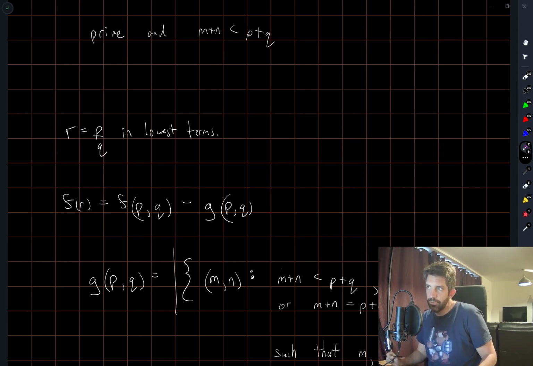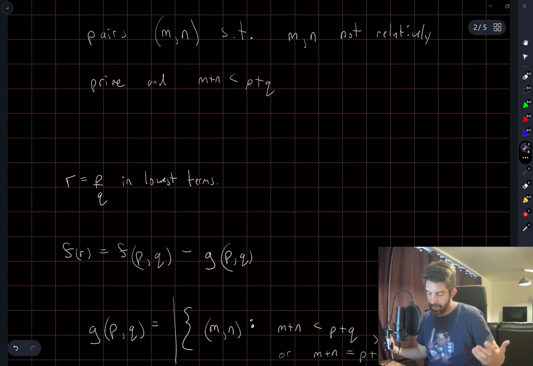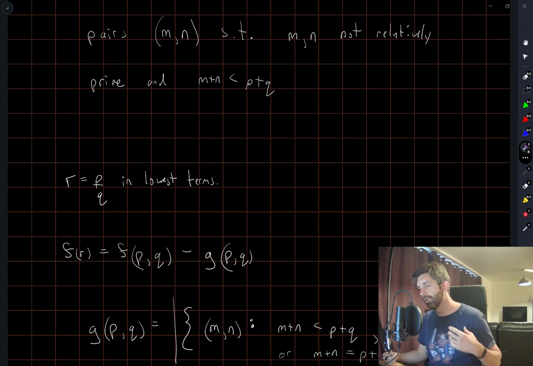Again, maybe there's a way of doing this more elegantly in terms of a function that counts prime factors, or a function that counts common factors between numbers, something like that.